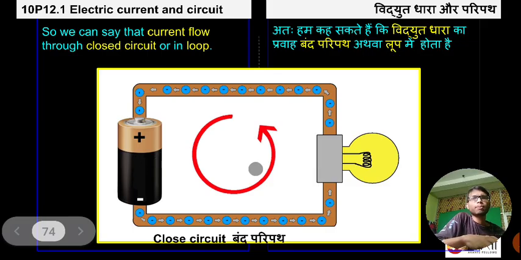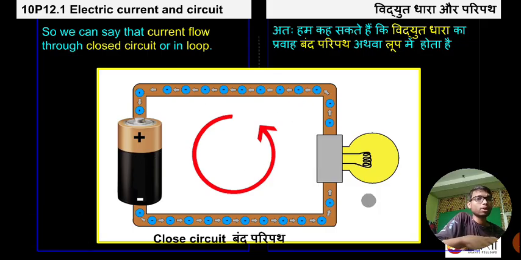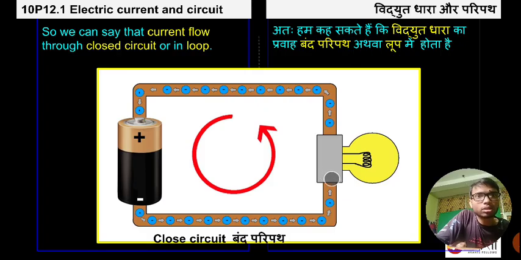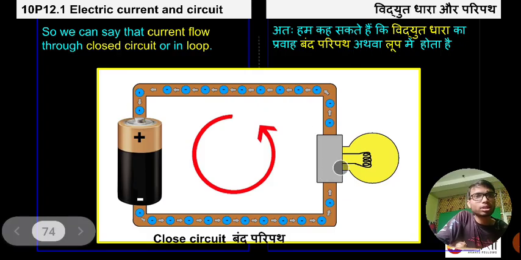The first is a battery, this is a wire, and this is a bulb. Here we can say inside the wire electrons are working, as you can see. All these are traveling, so it is a complete circuit. So of course in this case the bulb will glow.